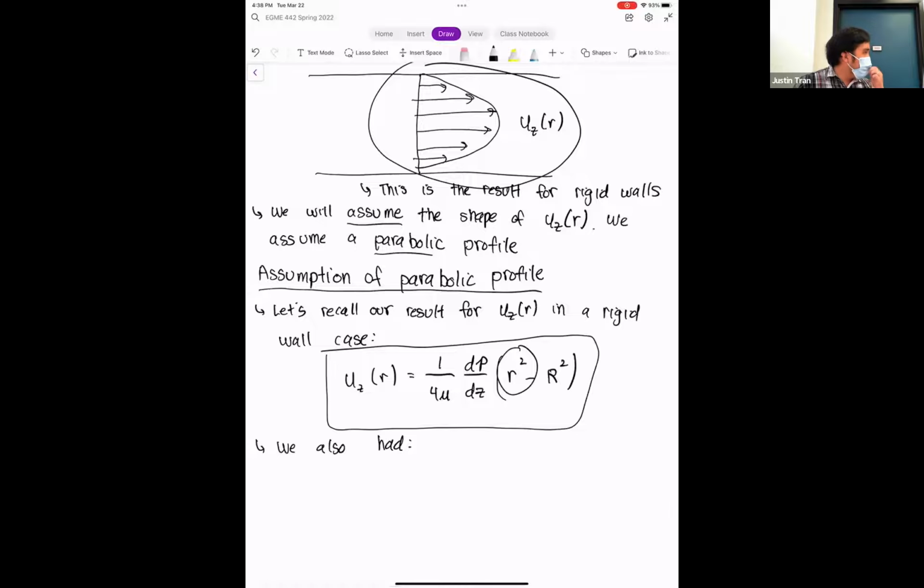What we also had, based on this velocity profile, was an expression for the flow rate. The flow rate in a cylindrical vessel was given by minus pi big R to the 4th divided by 8 mu times dp dz.